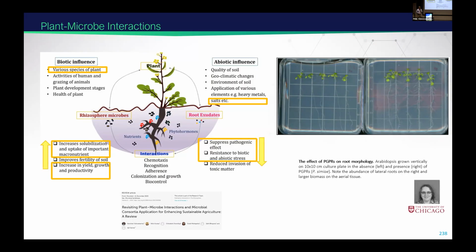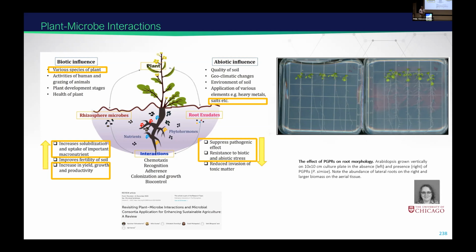We heard many talks about the importance of plant-microbe interactions, how the microbes are supporting plant growth and health, providing nutrients, protecting against pathogenic microbes, et cetera.